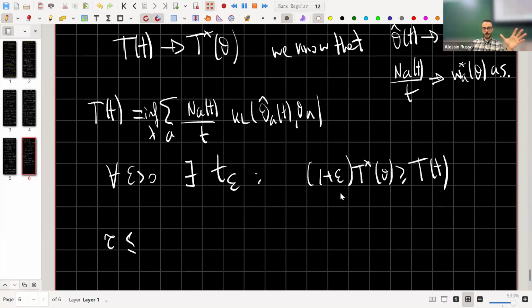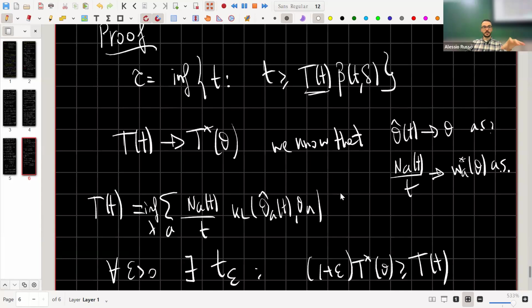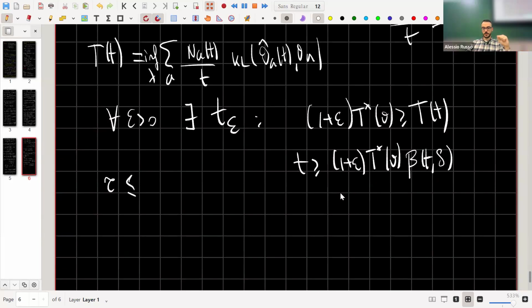At t_epsilon, if we consider this inequality, so if we consider the time step that solves this inequality, then this time step is also a time step that satisfies this inequality. Right? So as soon as we reach t_epsilon, basically we know that we have stopped.